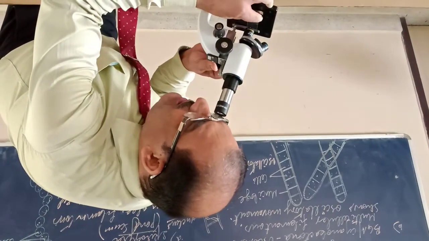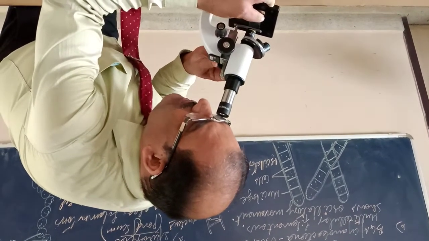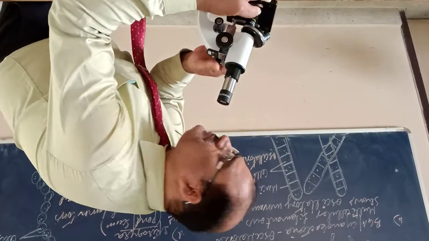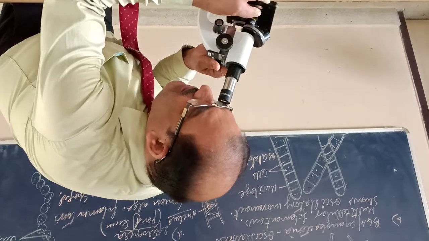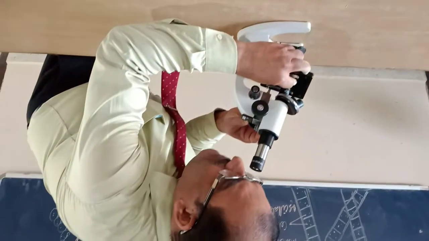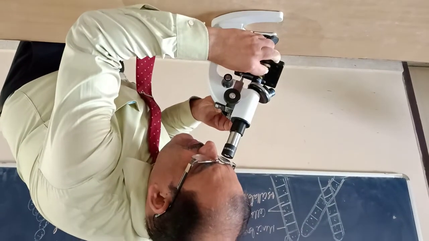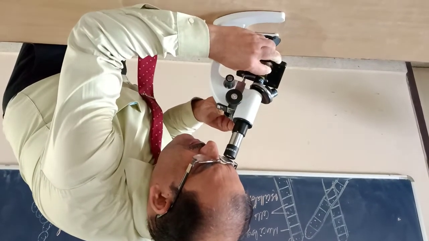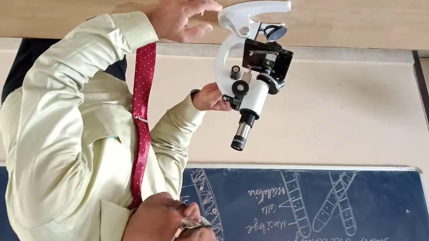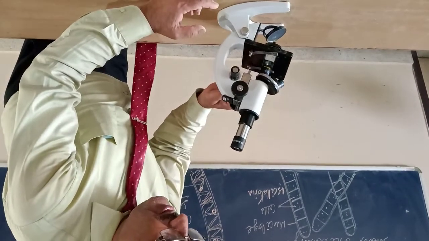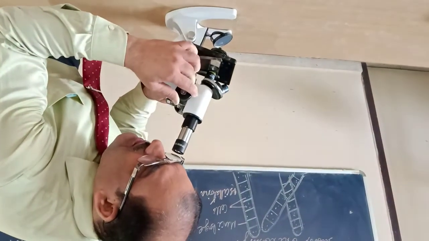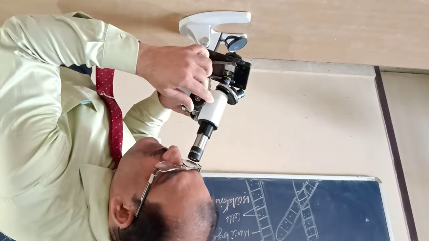Once it has been set by the broad screw, then we use the fine screw for fine tuning or adjustment. So now the slide has been set.